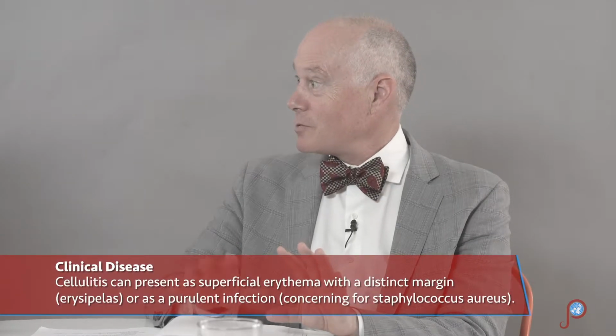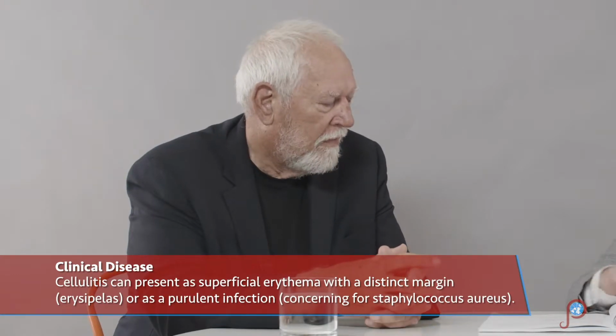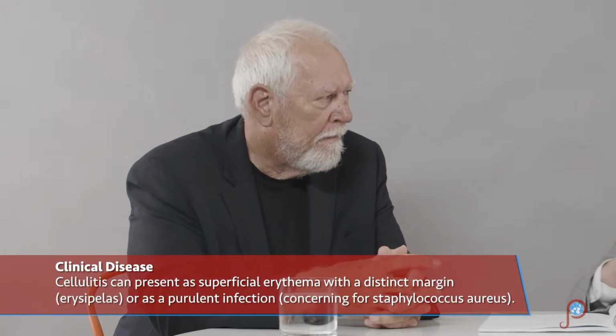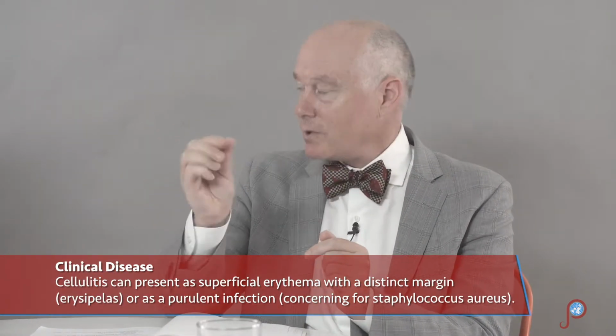One of the things that makes it complicated is that there are two main types of cellulitis. In cellulitis, we break it down into non-purulent and purulent. The non-purulent is our classic erysipelas or streptococcal skin infection, which tends to be very superficial, very warm, very red, often with distinct borders.